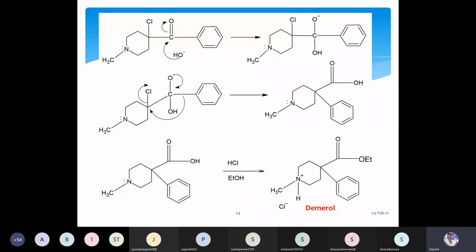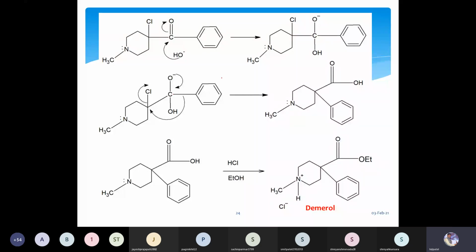Means attack of OH minus on the carbon of the carbonyl group will convert it into COH and O minus. Then O minus will convert into C double bond O, and at the same time the valency of this carbon becomes 5.